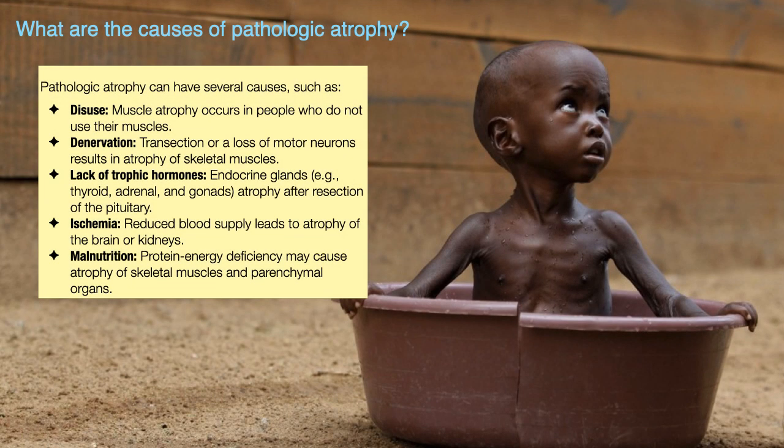When atrophy is pathologic, it may be due to disuse, denervation, lack of trophic hormones, those are the growth hormones, ischemia, which is lack of oxygen, or malnutrition, as you see this poor guy in the picture.